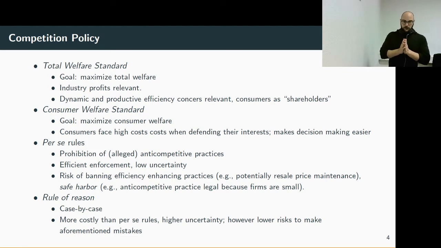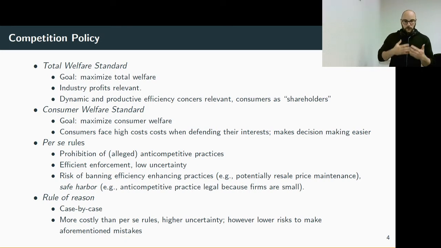also involves productive and dynamic efficiencies that could lead to lower costs and not immediately or directly influence prices. And innovation is sometimes hard to assess, but it could be a part of the total welfare standard, right? In this case, we basically have in mind the idea that consumers are shareholders of the firms, right?